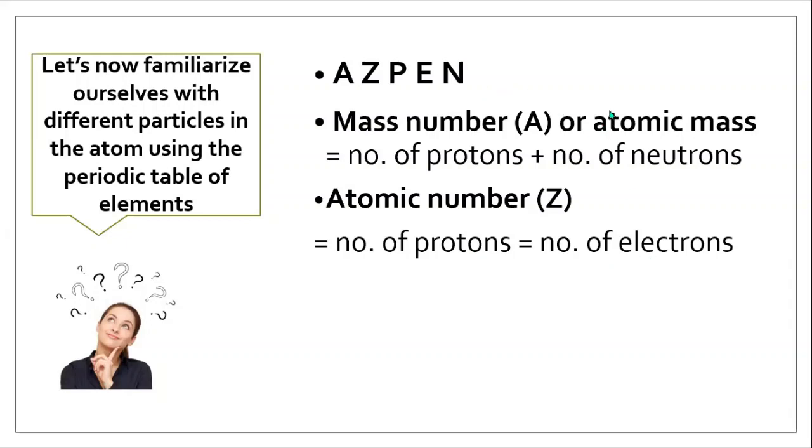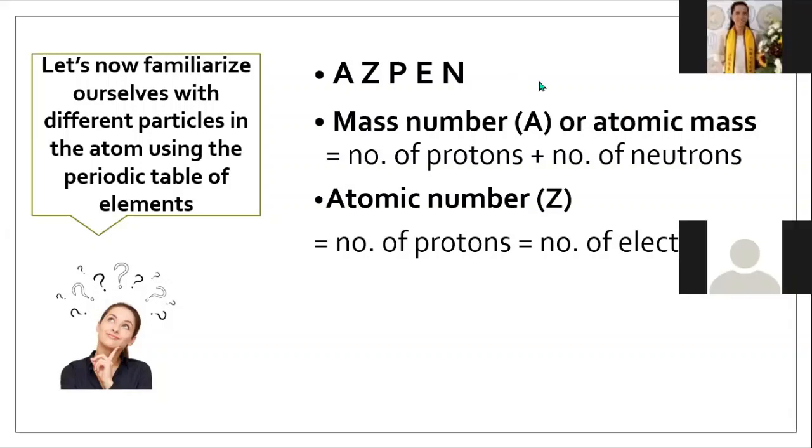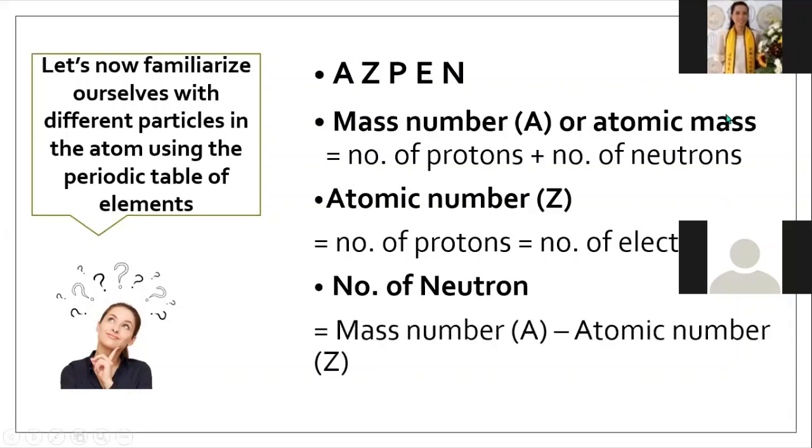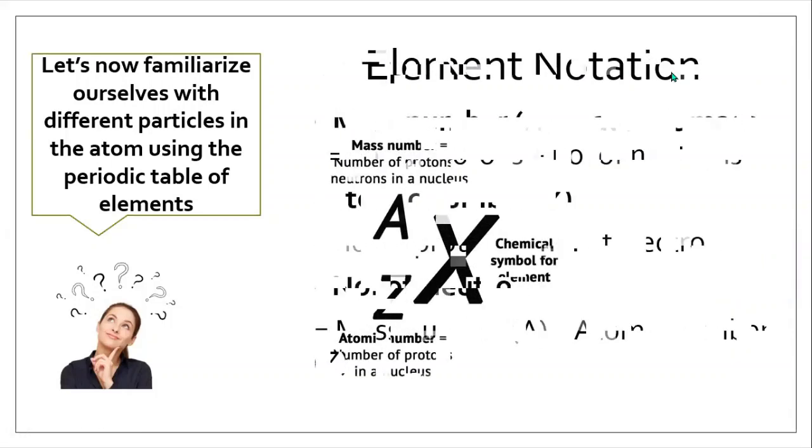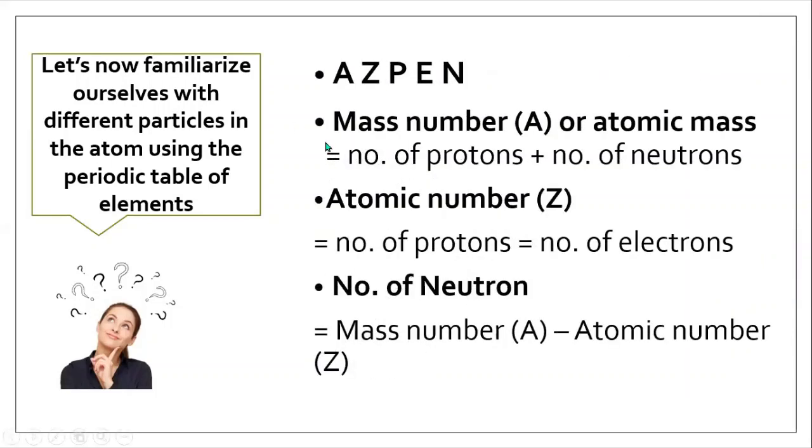Letter N stands for the number of neutrons. It's simply computing the mass number minus the atomic number. I'm going to give an example so we can better picture what we mean by AZPEN.